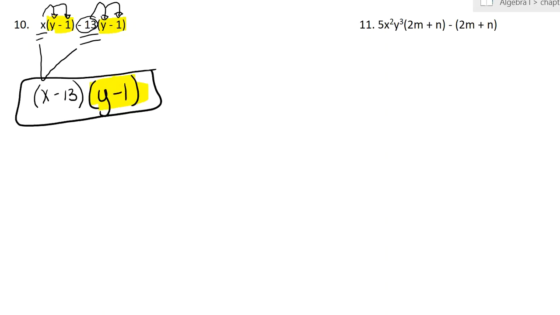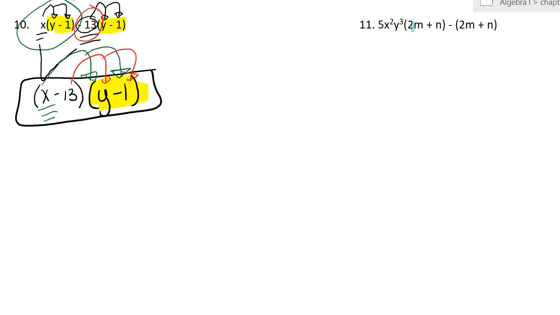And so I factor this by rearranging it into two binomials. And again, based on the FOIL process, you can see that this is really the same. If I were to FOIL this, I take x and distribute it by y minus 1, and then take negative 13 and distribute it here. Again, the same process. This happens only when the parentheses are the same.